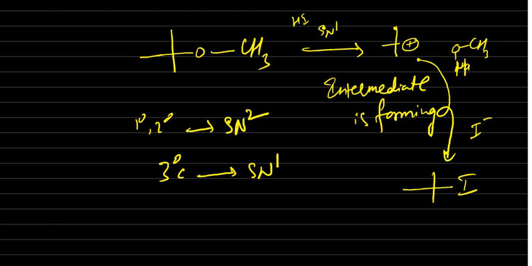Here you can see CH3, CH3, and CH3: three donating groups are there for the middle carbon. The middle carbon is electron deficient, but three donors are there, so it is more stable. Ether formation and ether cleavage, it's over.